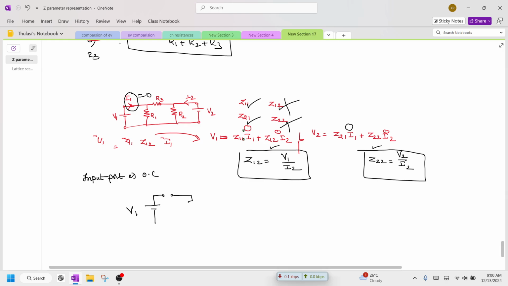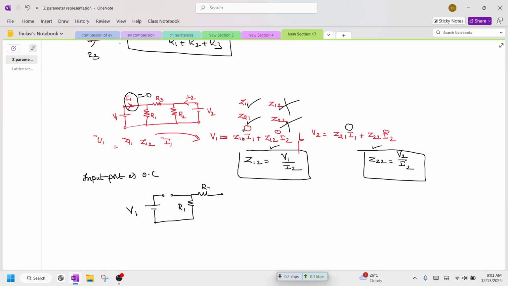The resultant branches you are going to have are R1, R3, and R2, with a voltage of V2 and a current of I2.